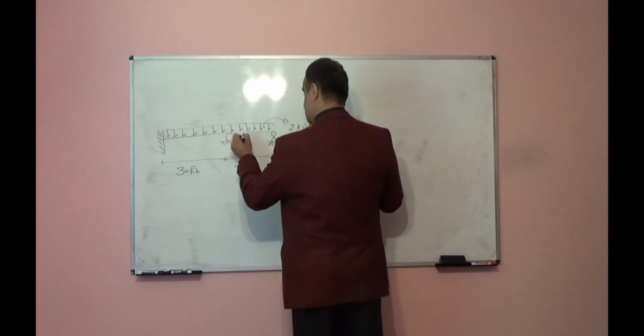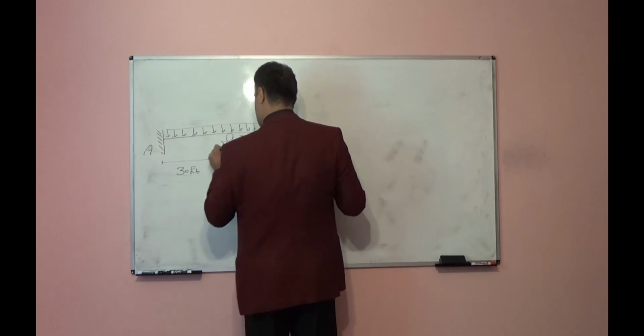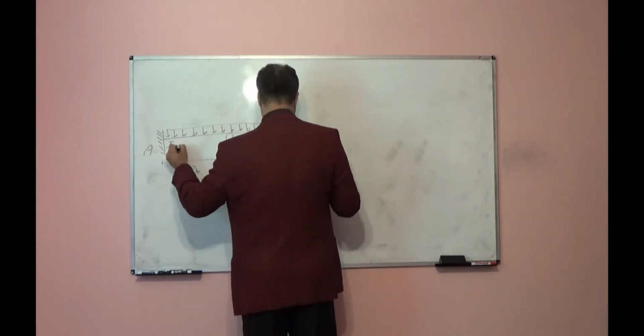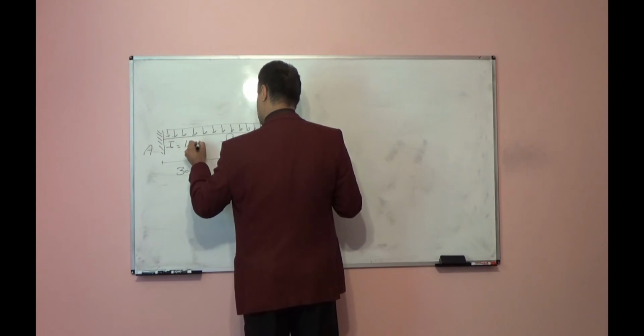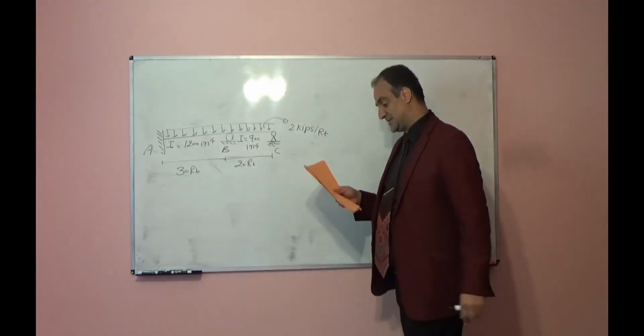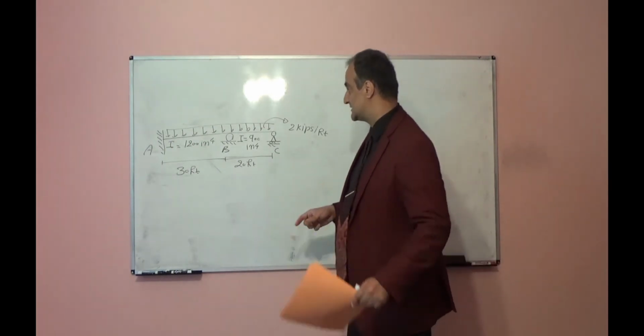I for BC part is 900 inch to the power of 4. A, B, C. I for AB part is different, 1200 inch to the power of 4. So we have this beam, subjected to a uniform distributed load.